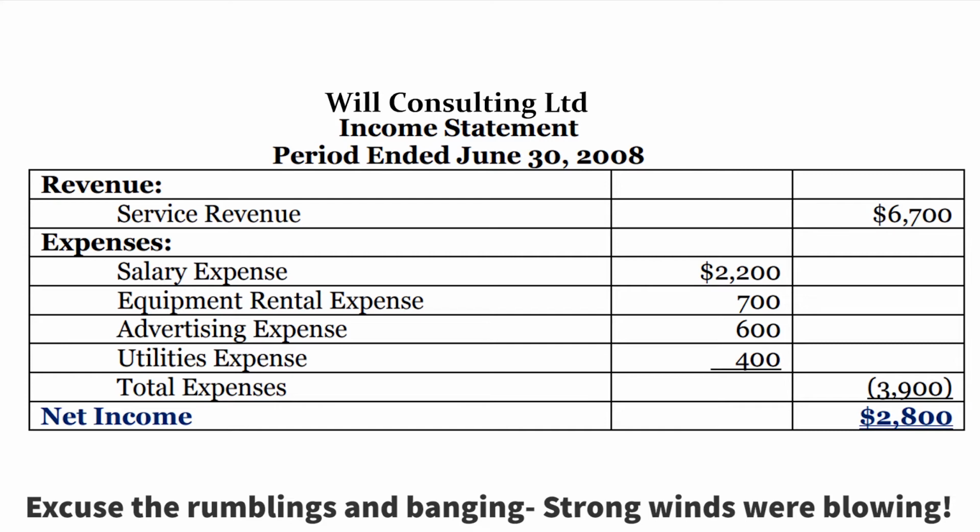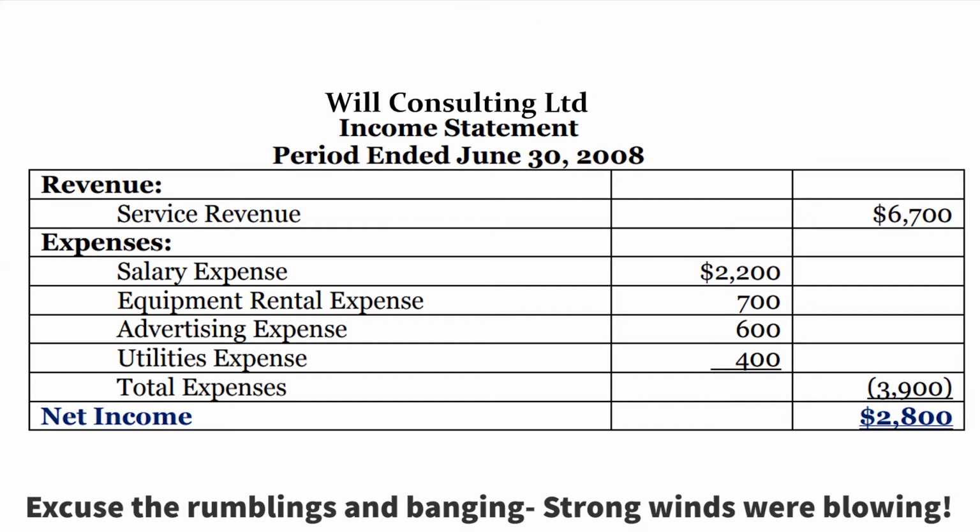And again, we're using two columns for the flow and presentation of our work. In the innermost column, we're doing the rough work, the adding that we're supposed to be doing. And then we're carrying the final figure to our extreme right column. So here we would have added all our expenses and we would have had a total of $3,900, right?